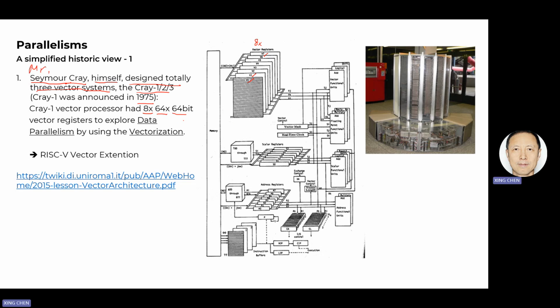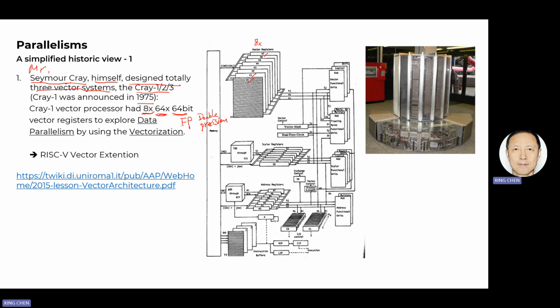And each register has 64 times 64-bit. Just remember that each 64-bit is a floating point, a double precision floating point.